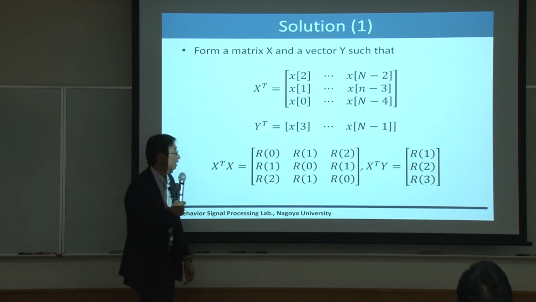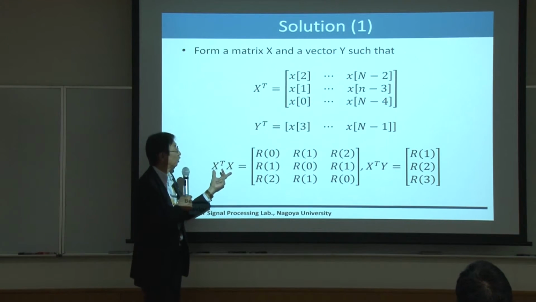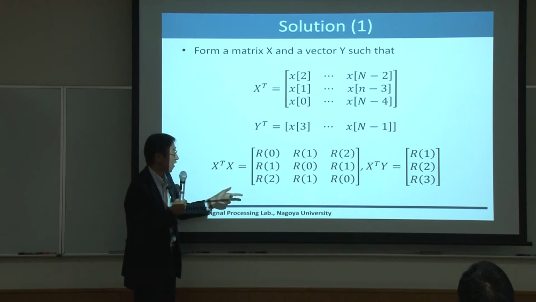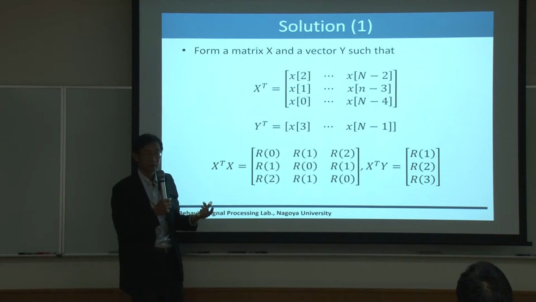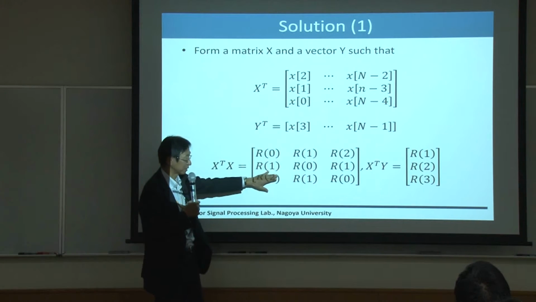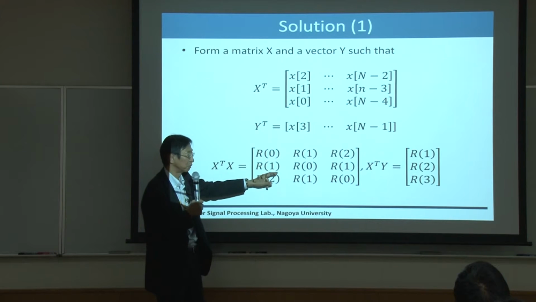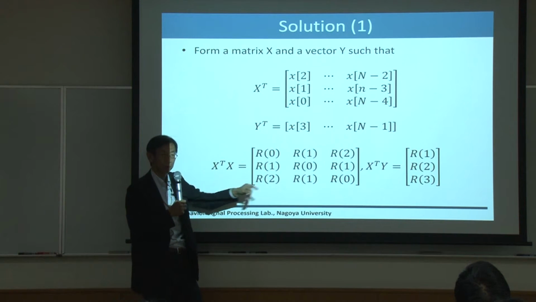So by calculating x transpose times x, you're going to have a covariance matrix here, or autocorrelation matrix, in other words. Here's the so-called autocorrelation matrix. What is R? I'm going to talk to you about it later. But R is the autocorrelation of the signal x.